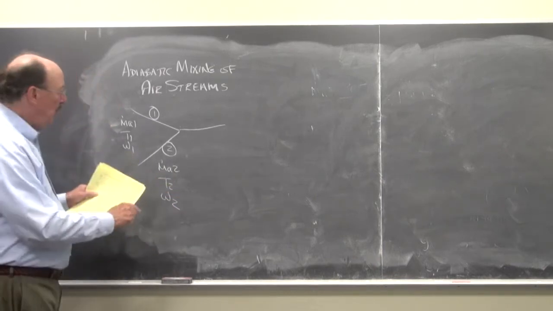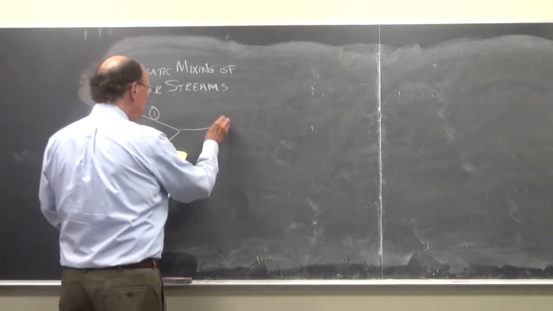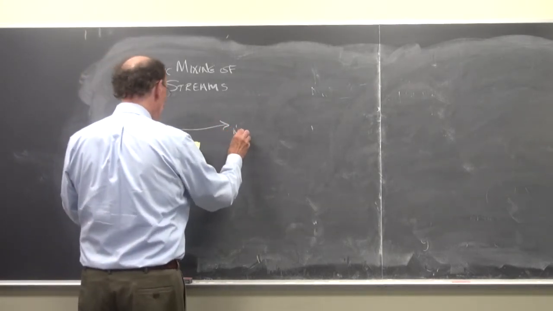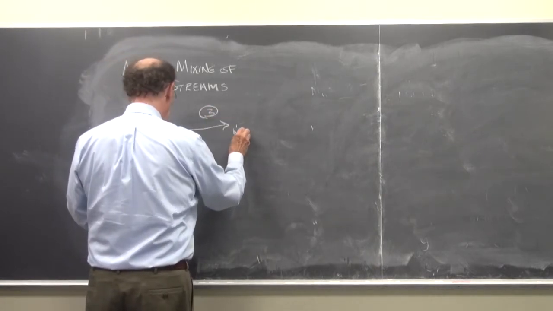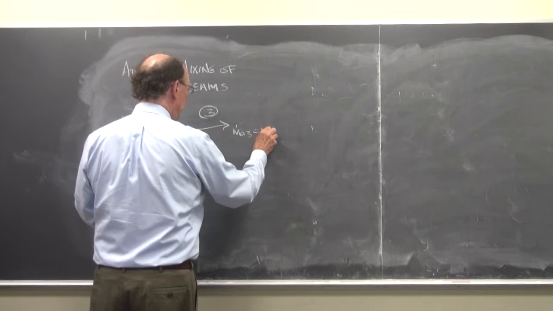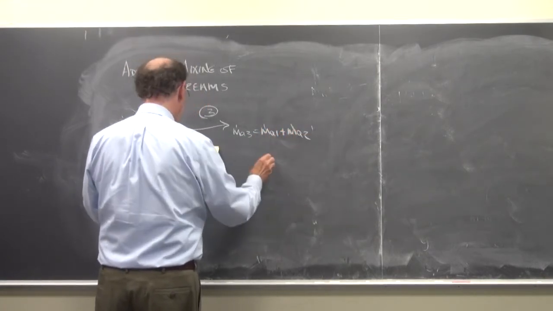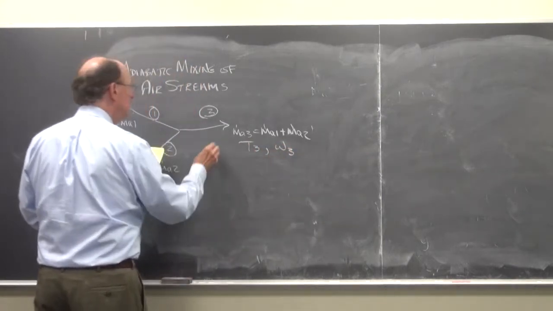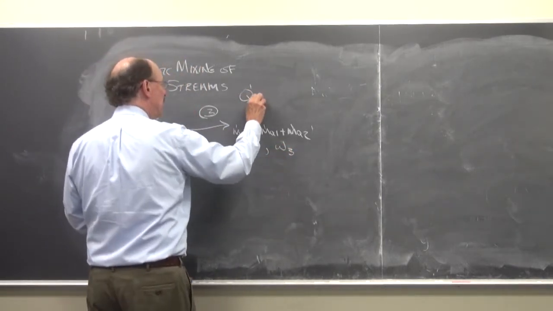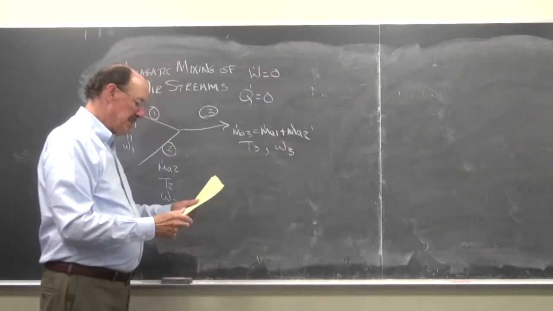Very often, one is recirculated air, the other is fresh air, and then we're coming out here at m dot 3. M dot A3 is equal to m dot A1 plus m dot A2. We'll have a T3 and an omega 3. And in this case, Q dot is equal to 0, and there's no work done.